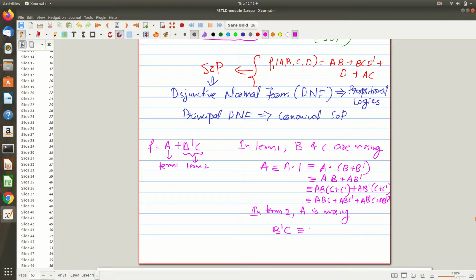So I am multiplying that 1 at the beginning, so that I will get A at the beginning. So this is equivalent to, 1 is nothing but A plus A dash, right? So multiply it with B dash C, so that you will get AB dash C plus A dash B dash C.